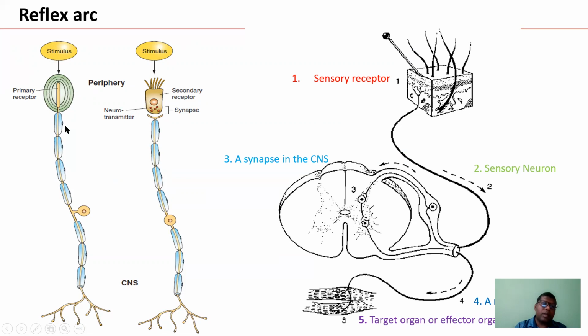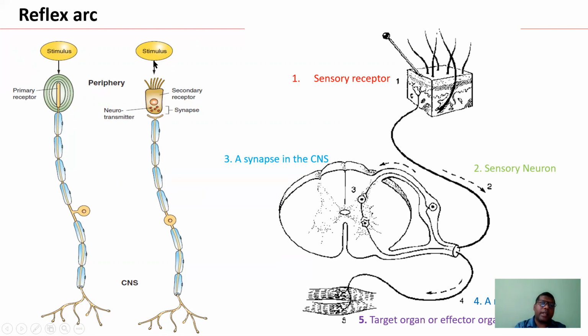For example, free nerve endings are pain receptors. The pain is converted to action potential and sent to the CNS, which analyzes the pain. This is primary: directly the neuron, a neuronal cell.